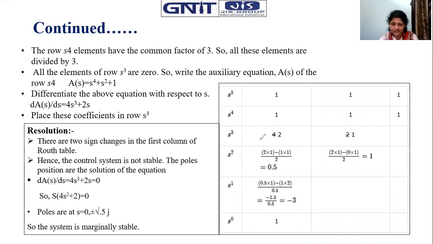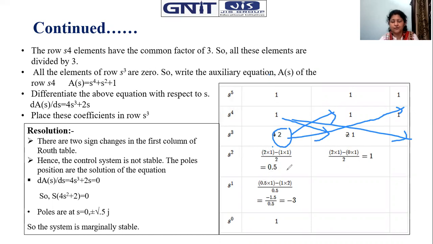Again we are continuing the Routh table. So this will be the center: 2 into 1 minus 1 into 1, divided by 2, then 2 into this one minus 1 into 0, divided by 2. So we are getting these two as 0.5 and 1. Again for the s square row: 0.5 into 1 minus 2 into 1, divided by 0.5.